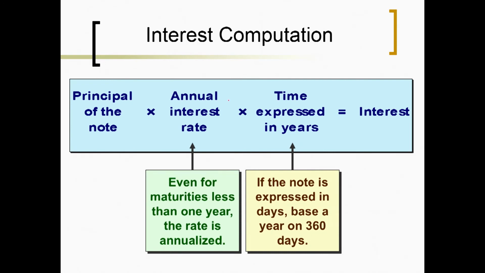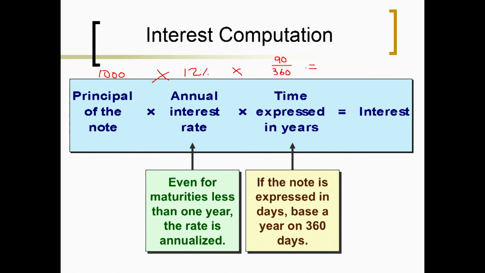We calculate it by taking the principal of the note, in this case $1,000, times the annual interest rate, which in this case is 12%, and then we multiply it by the time expressed in years. This is a 90-day note, so we take 90 divided by, we usually don't use 365, we usually use 360 because it's cleaner math.